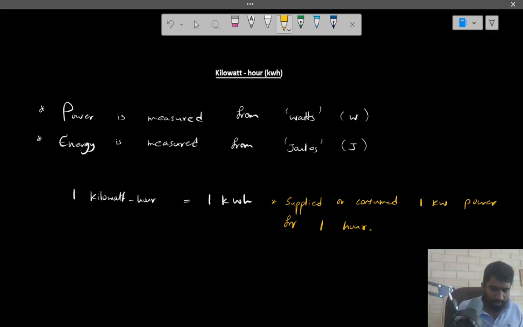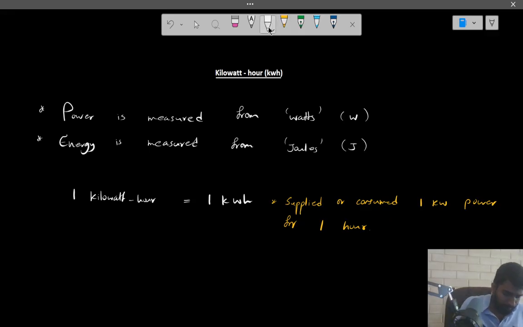Then we can find the energy supplied or consumed, because here you can see it is not a unit of power, but it is a unit of energy, because it says that supplied or consumed 1 kilowatt power for 1 hour.